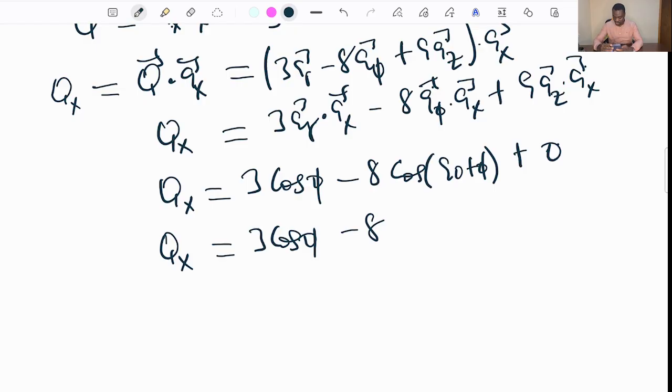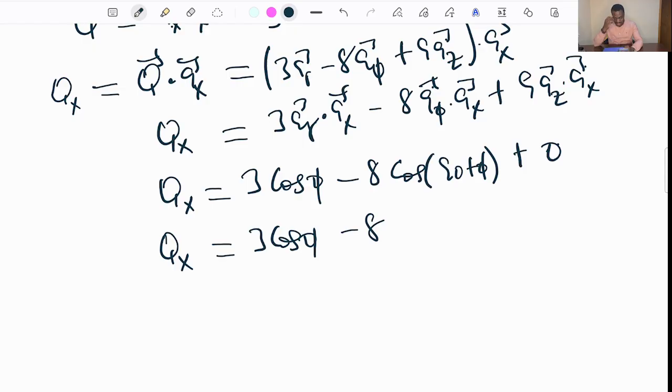Or if you don't want to do that, let's see, if I have, for example, 30, then I add 90 to it, that is 120, right? So cos 120 is going to be minus 0.5, right?